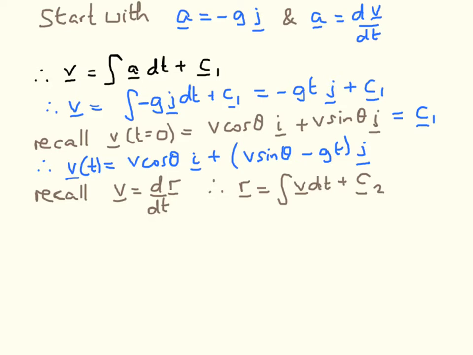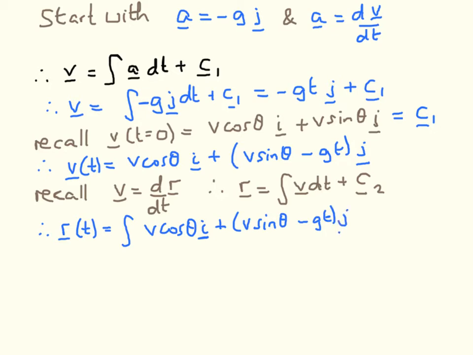So therefore we obtain that r as a function of time is the integral of v cos theta i plus brackets v sine theta minus gt j with respect to time plus c2.